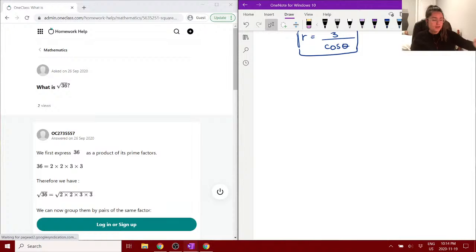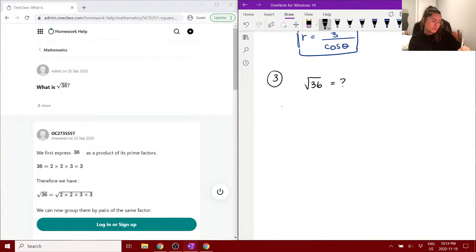Okay, question 3 now. We are asked what is the square root of 36? So you might already know this off the top of your head, but if we apply some tricks, we can learn how to solve this type of question for different values instead of 36, for example.